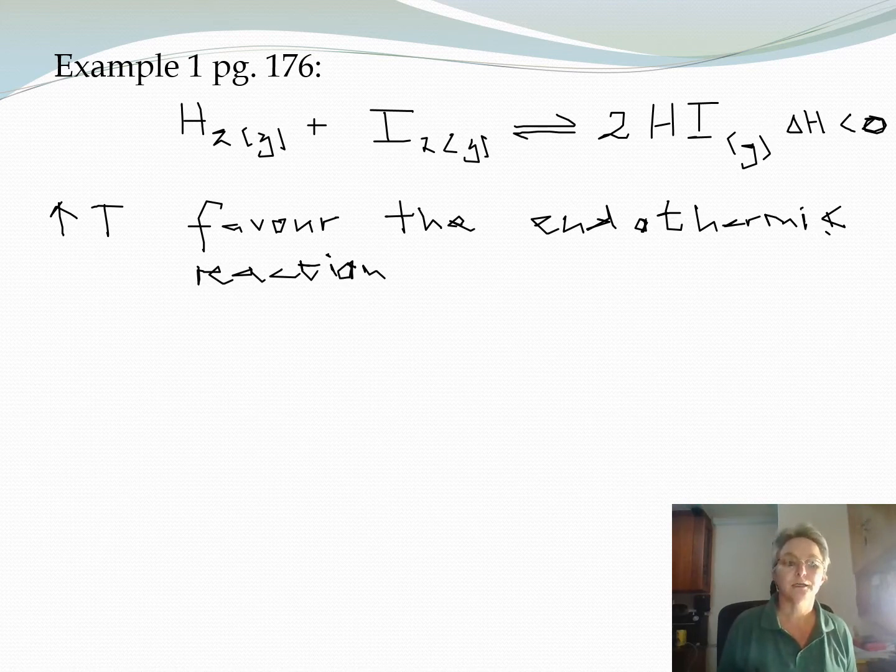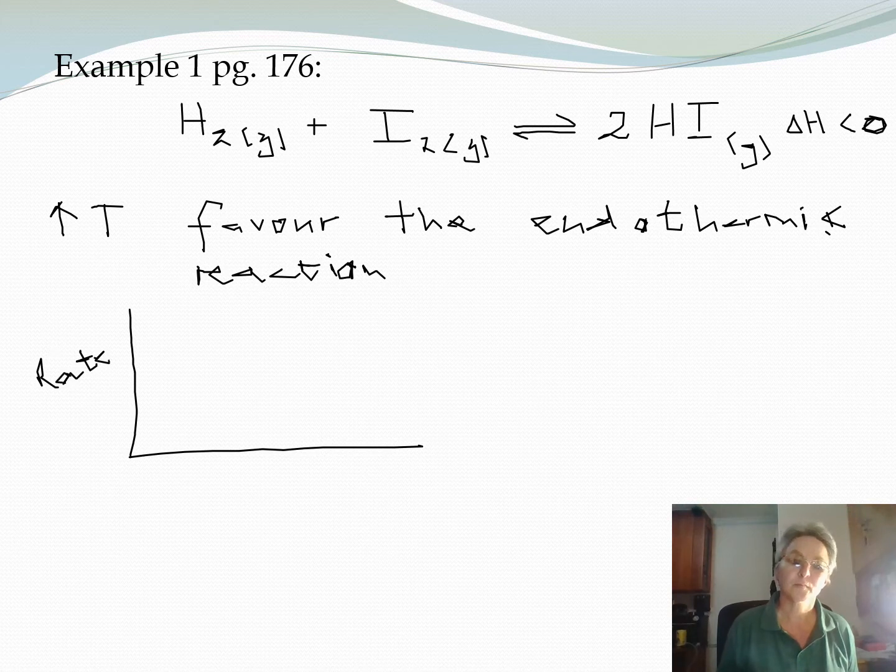So if we look at a rate graph, where the system is in equilibrium already, and we increase the temperature, the endothermic reaction will be favored above the exothermic reaction.